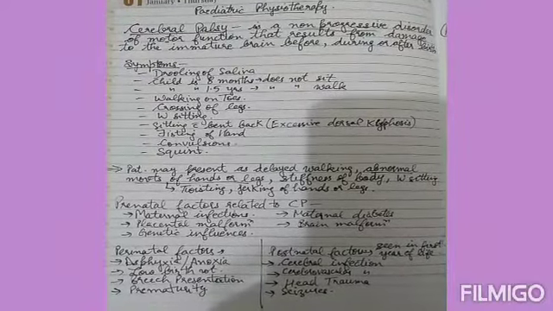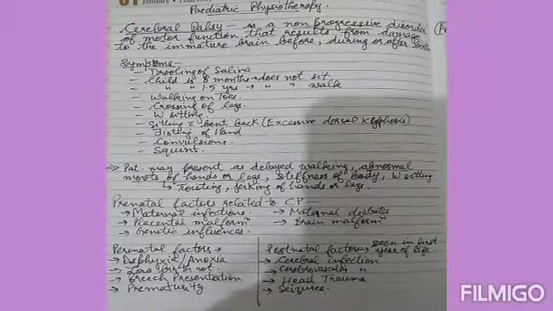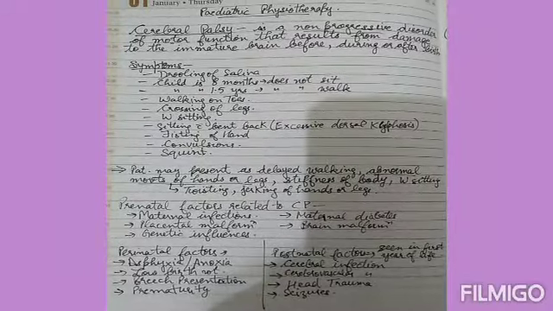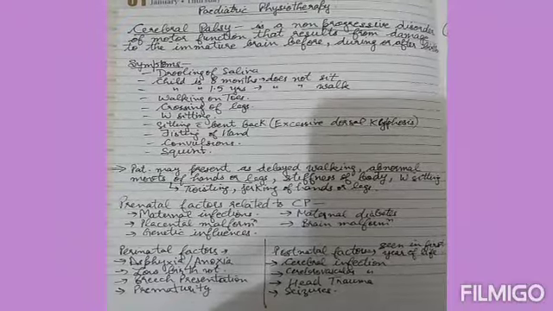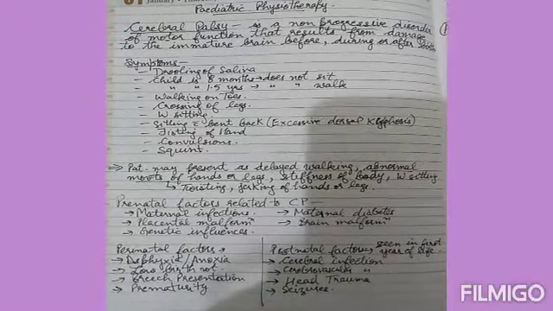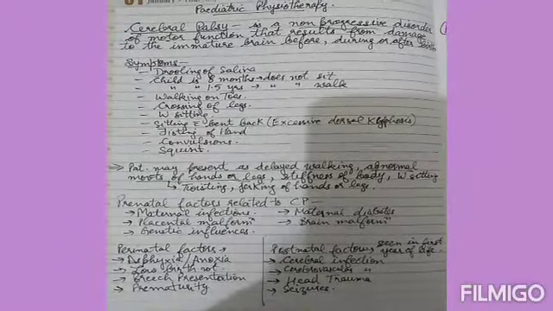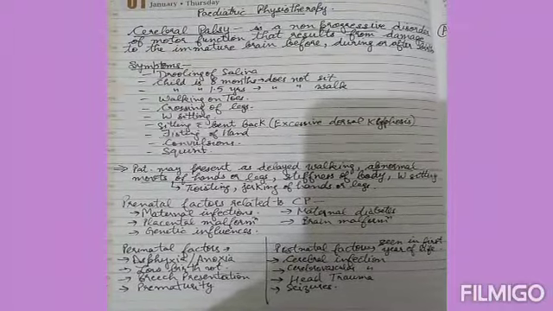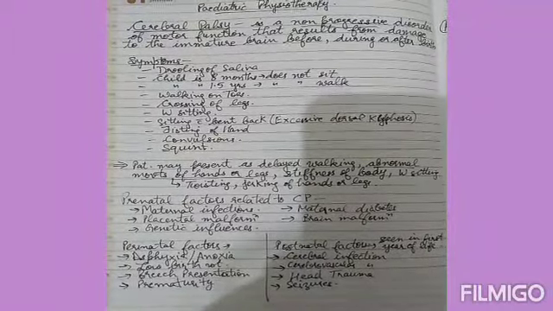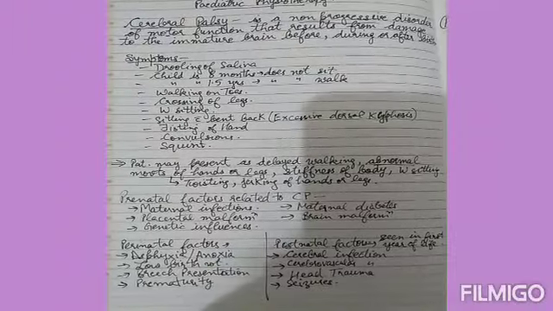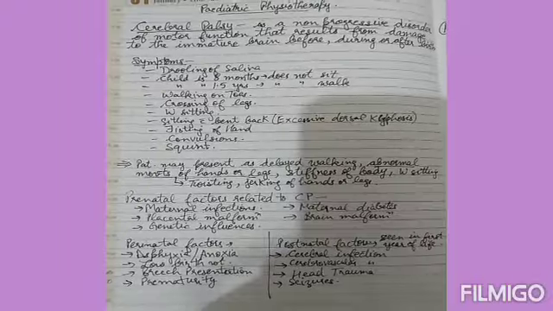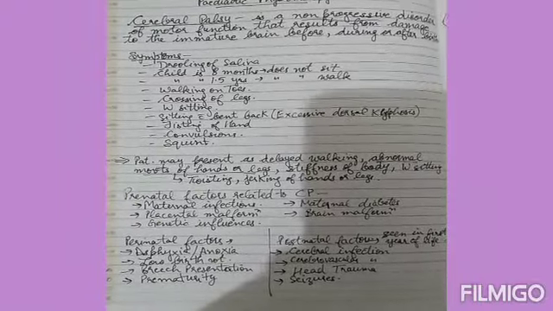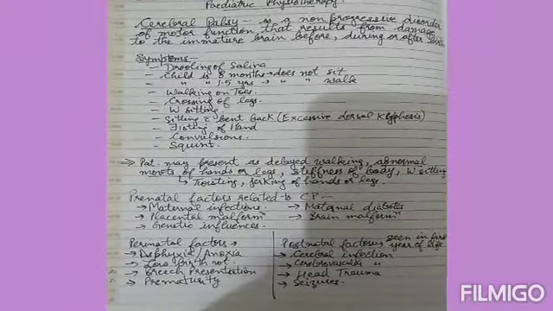Like if the child is 1.5 years old but still not able to walk, or the child is walking on toes, or there is crossing of the legs, or W sitting, or there is excessive dorsal kyphosis, the hand is not used properly, there is fisting of hand, any convulsions or squint in the eyes can be a symptom of cerebral palsy.